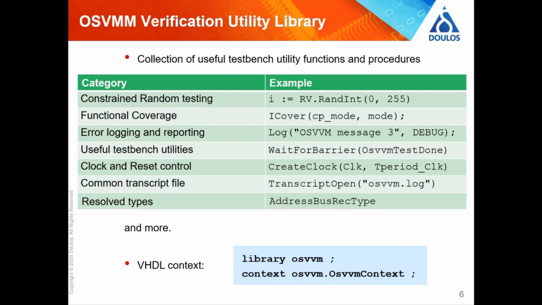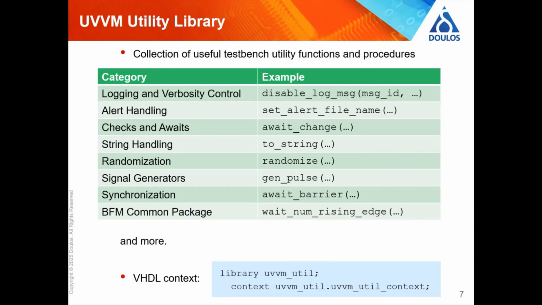Well, we have that stuff in OSVVM already. Dealing with both files and logging into the transcript window at the same time, and what messages we send where, and some types that are used for creating verification components. And I'll be saying this a lot, we have very similar things in UVVM.